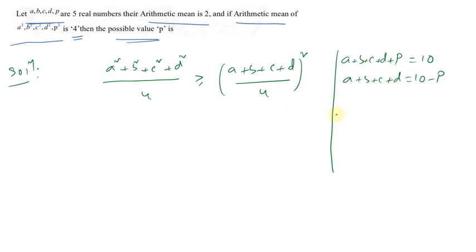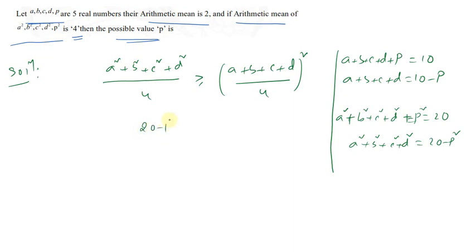And similarly, the arithmetic mean of these numbers, (a square plus b square plus c square plus d square plus p square) by 5 is equal to 4. So you are getting 20. You can evaluate a square plus b square plus c square plus d square is equal to 20 minus p square. So let me substitute here.